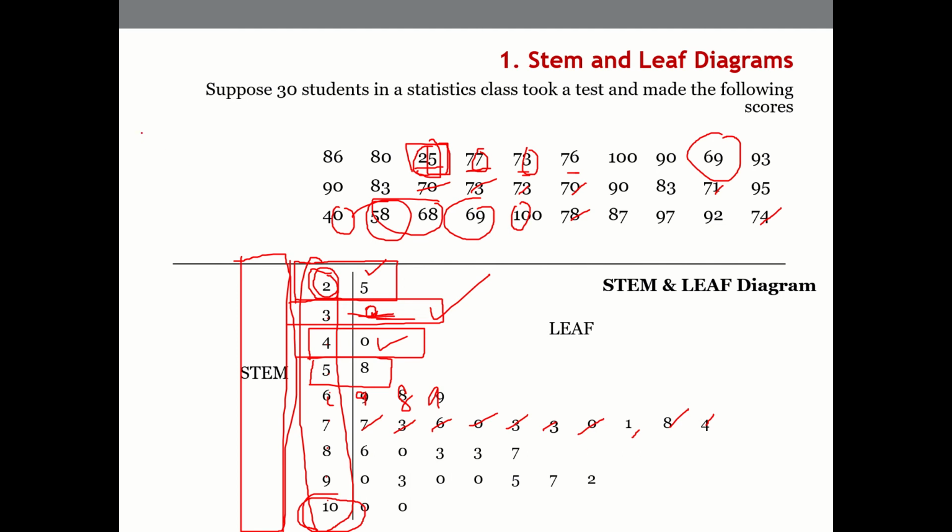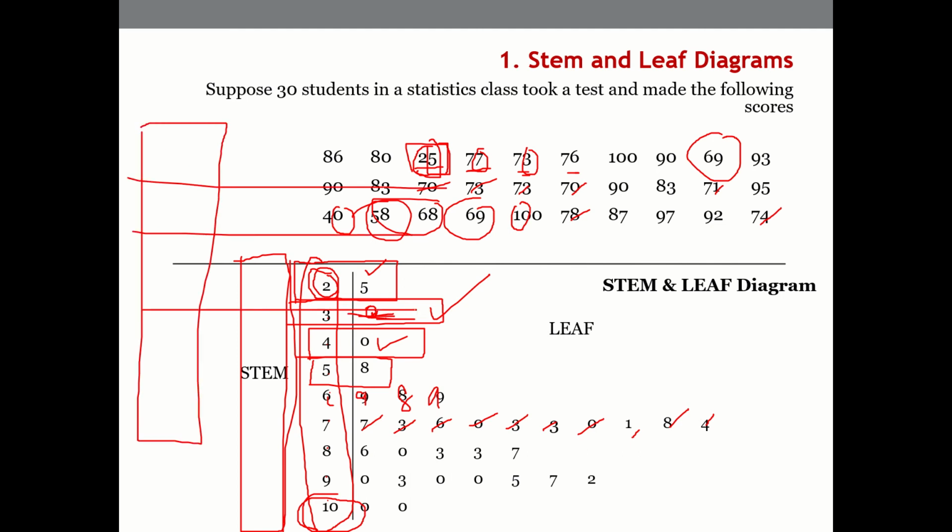So we construct this table in columns, and accordingly we fit how many data points are under the 20s, 30s, 40s, 50s, and so on.